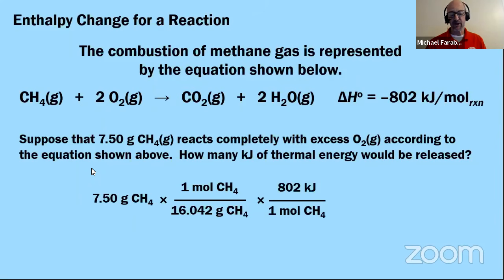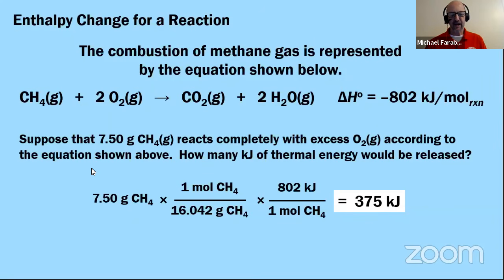So I'll put 802. I'm not worried about the negative sign right now because it's the amount of heat that is released. 802 kilojoules on the top, 1 mole of CH4 from the coefficient in the balanced equation on the bottom. And then I would do this math. So 7.5 divided by 16.042 times 802, and I get my answer.